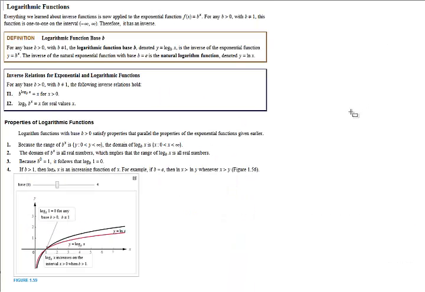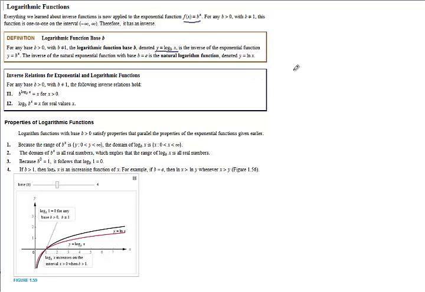A logarithm is an inverse function of an exponential. So if I'm reminded about logarithms and the fact that f of x equals b to the x, I write the log as log base b of x.